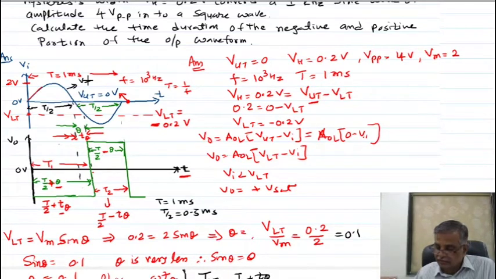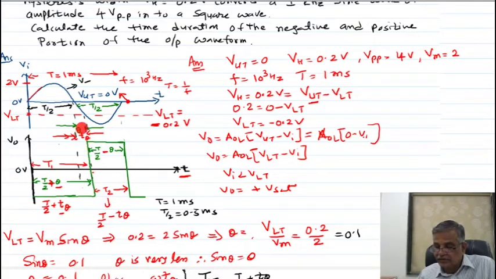Remember. When this voltage passes through 0, but due to the lower threshold voltage, you are not getting the square wave vertical edge at this point; you are getting it at this point. So I have to find this small time duration t theta.